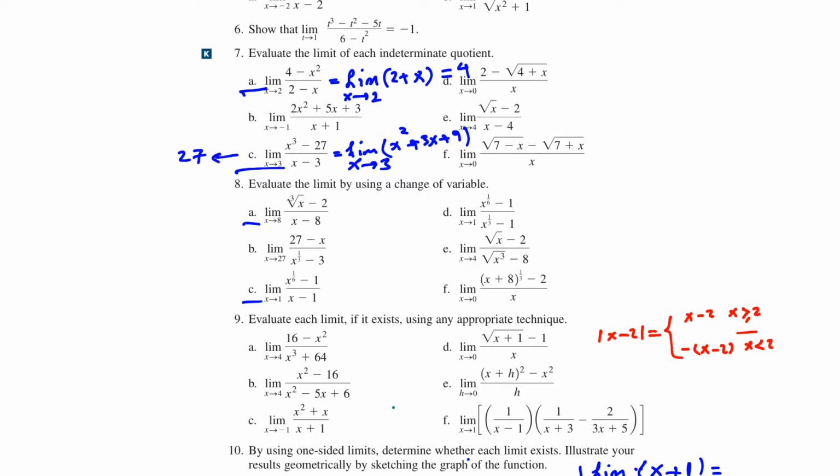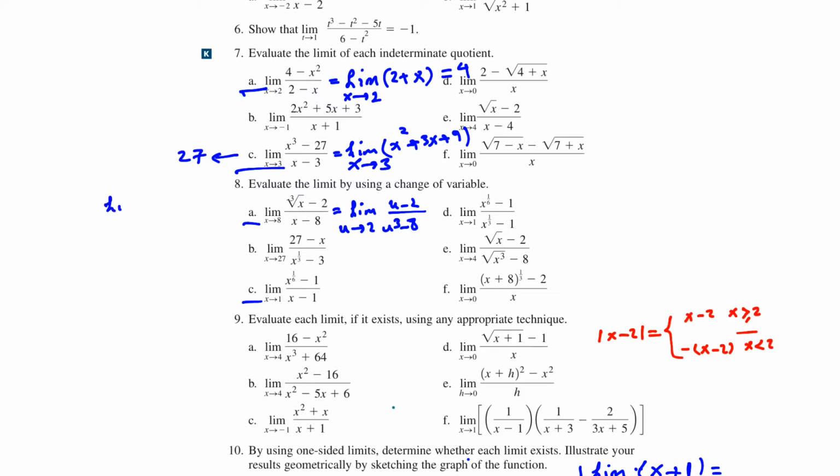Question 8, Part A. Evaluate the limit by using a change of variable. We assume cube root of x is u. Then the limit can be written as (u minus 2) over (u^3 minus 8) as u approaches 2. u^3 minus 8 is (u minus 2) times (u^2 plus 2u plus 4).